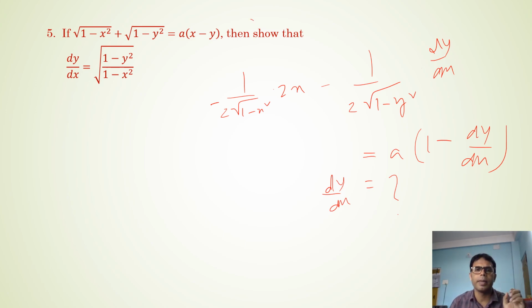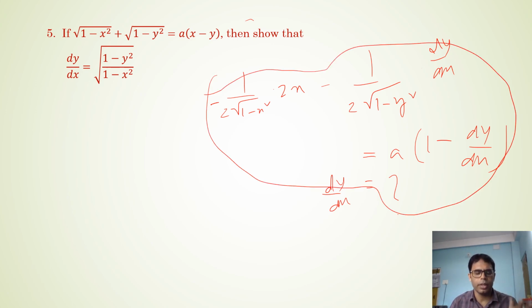That is why I am not taking this method here. I will take a very easy substitution. You must remember the substitution I taught: if a term like 1 minus x square is present, then we take x as a sin theta.